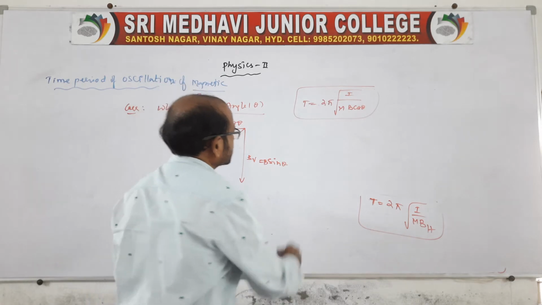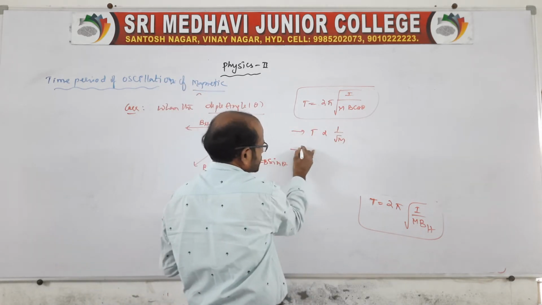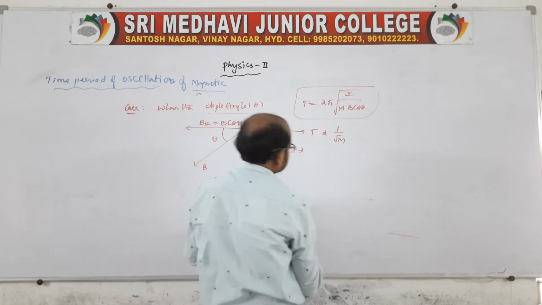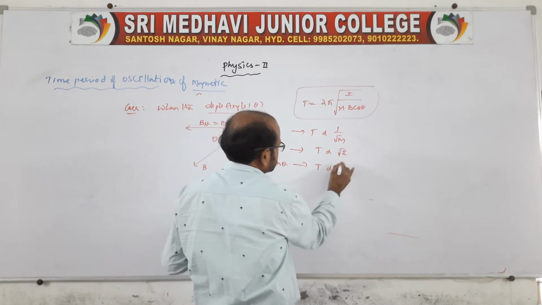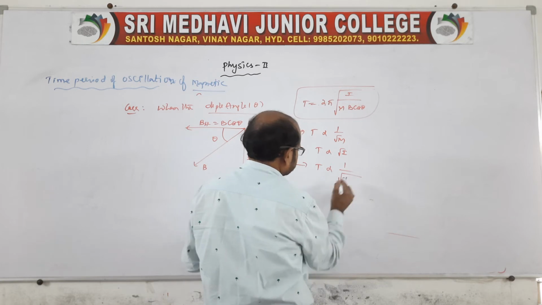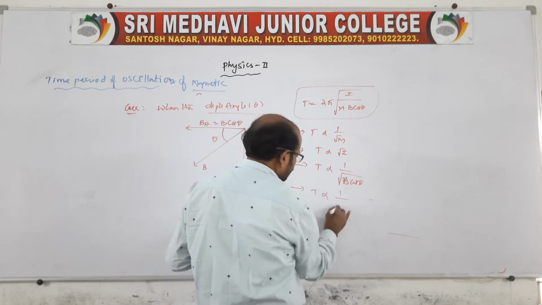And from this we can say time period is inversely proportional to root M, and time period is directly proportional to root of moment of inertia, and inversely proportional to root B cos theta. Or you can say separately, time period is proportional to 1 by root cos theta.